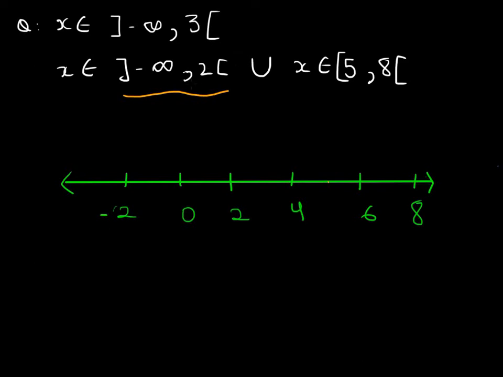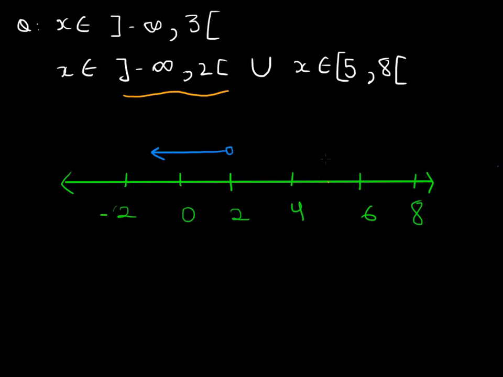So let's begin. Firstly, we have the first half, which comes from negative infinity all the way up to 2. So let's draw a circle here because it's up to but not including 2. It's negative infinity, so it extends all the way back to negative infinity. Next, we have all the values of x that go from 5 to 8.